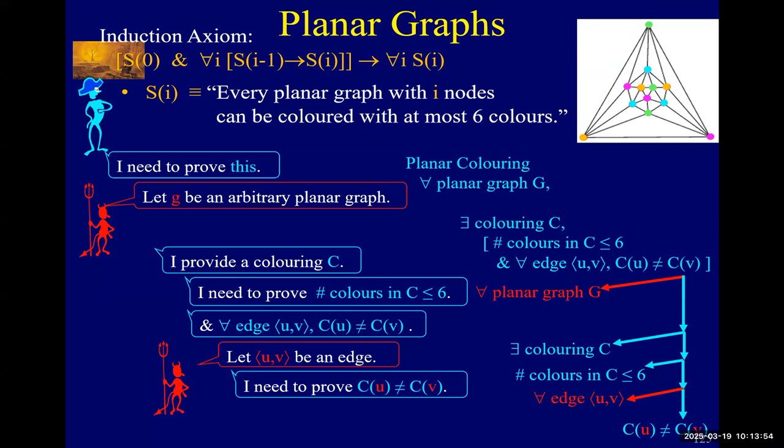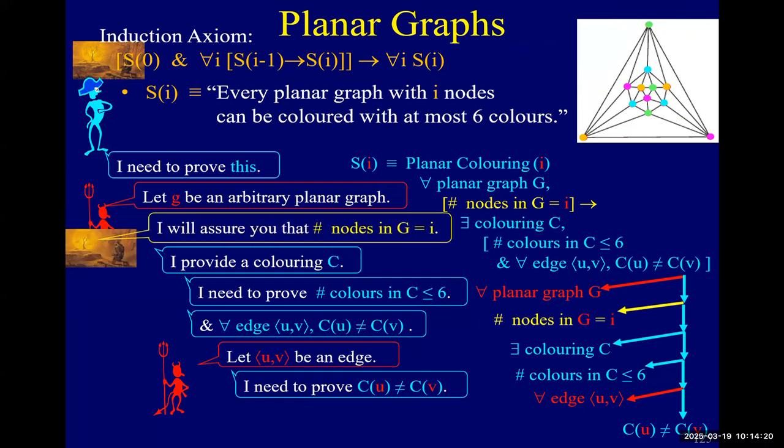We're going to prove by induction S of I: every planar graph with I nodes is 6-colorable. So here we're adding the statement S of I. And what are we saying? For any graph, if the graph has I nodes, then I can color it. Everybody good with that?